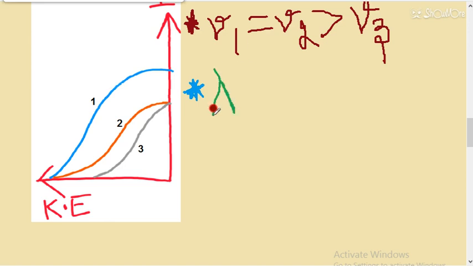Like lambda 1 should be equal to lambda 2.